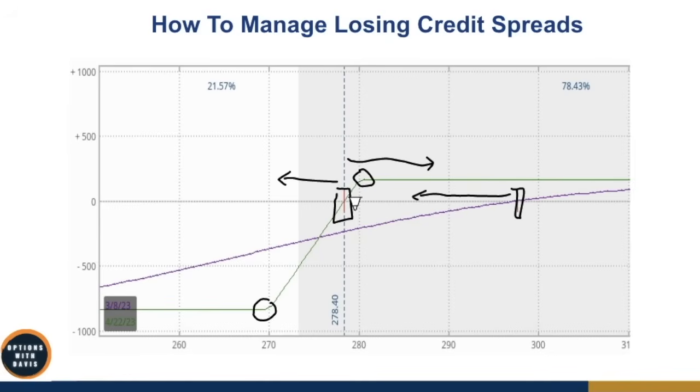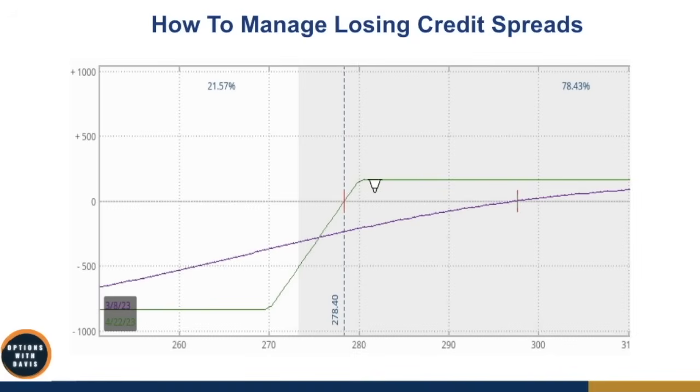There are two lines for you to take a look at here right now. Let me just clear this drawing so you can see. There is this purple line, and then there is this green line, right? This purple line is your P&L for today. It will keep moving as the days go by until it eventually becomes this green line down here.